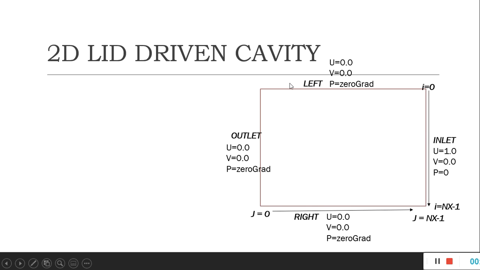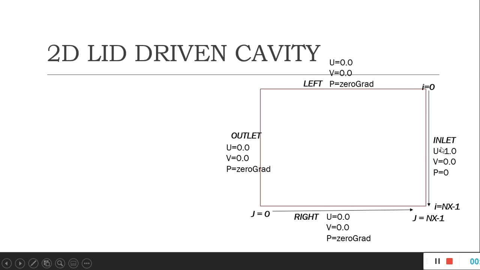Let's start our understanding. So we've got the 2D lid driven cavity, where I've actually rotated the domain just to make it consistent with C++ matrix notations. So I is the row and J is the columns again, and I starts from 0 and ends at nx minus 1, and this is called the inlet boundary condition.